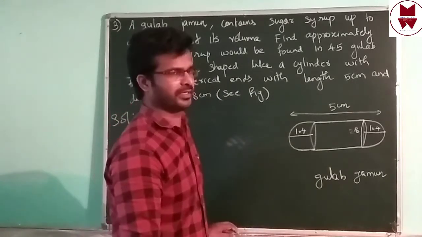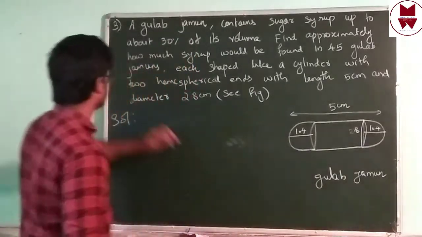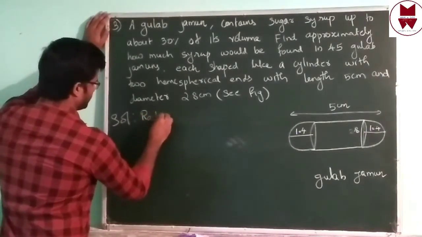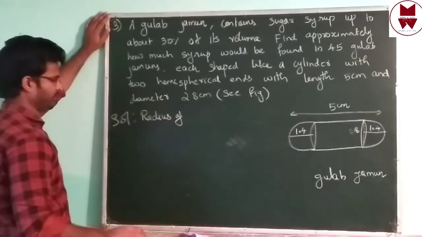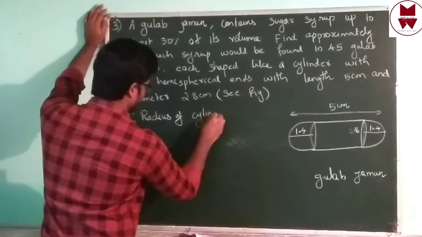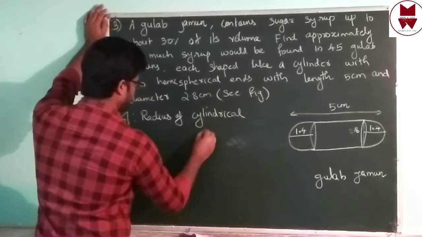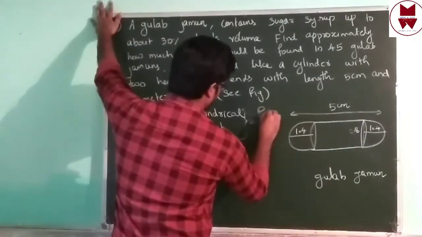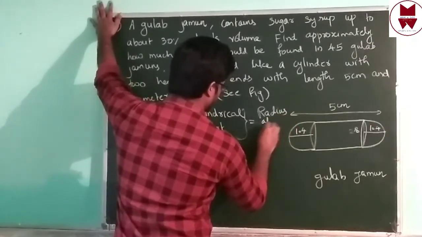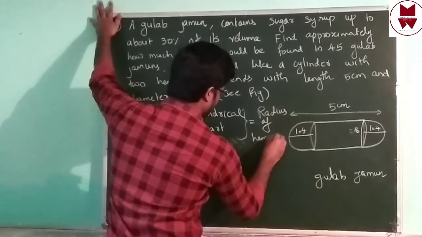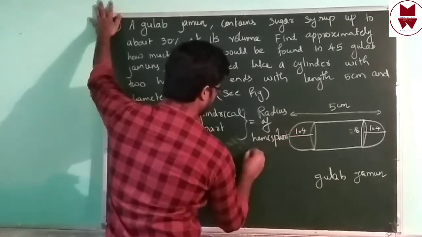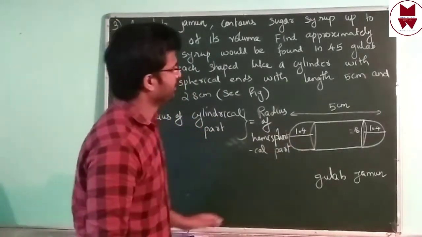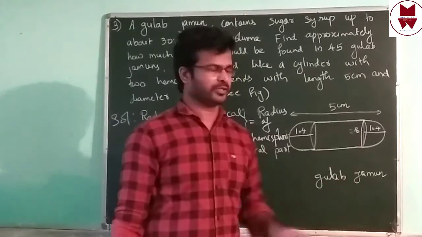Diameter 2.8 means radius means half of the diameter. Can write radius of cylindrical part equal to radius of this hemispherical part will be equal.